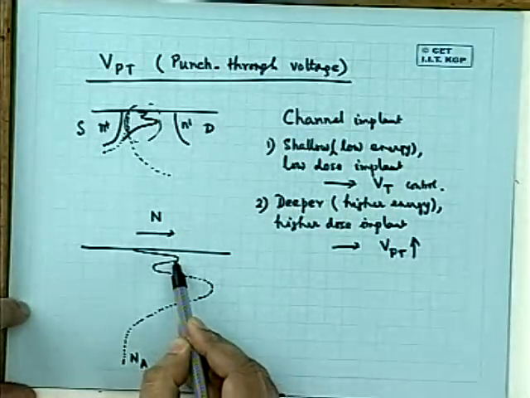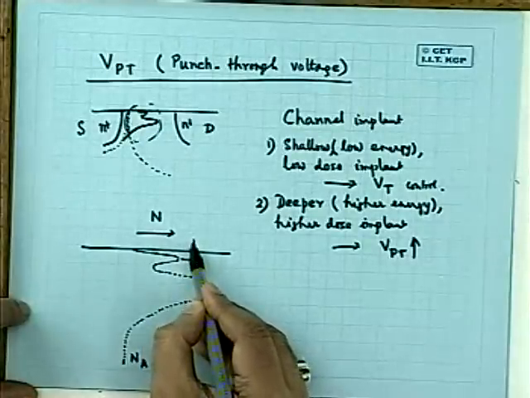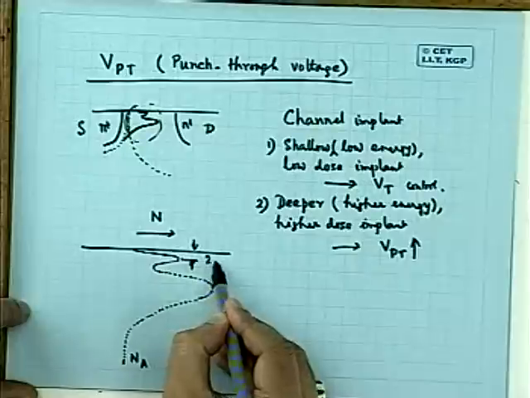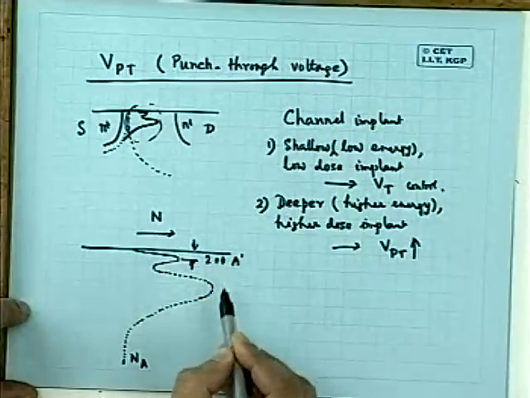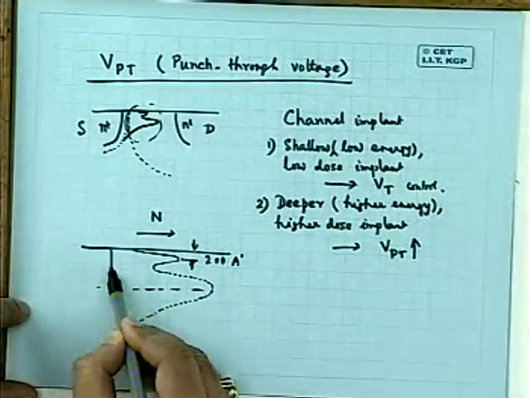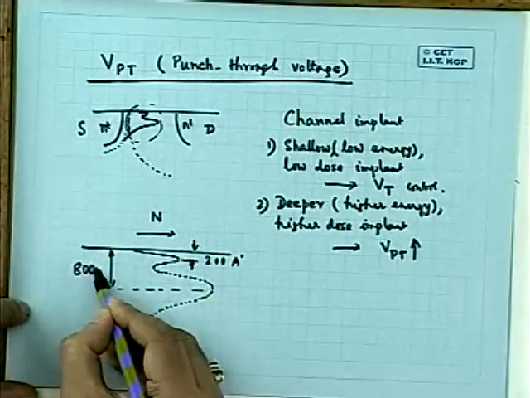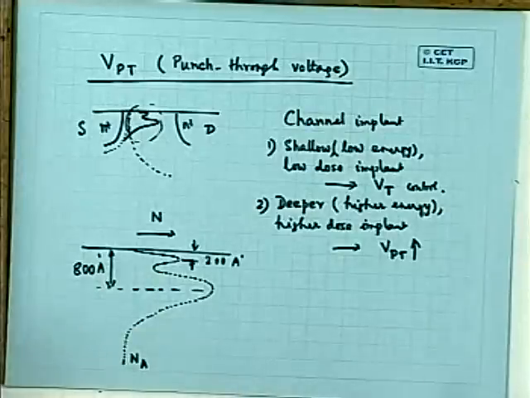The first peak is just below the surface, at a distance of the order of 200 angstrom, whereas this distance may be of the order of 800 angstrom or 1000 angstrom.